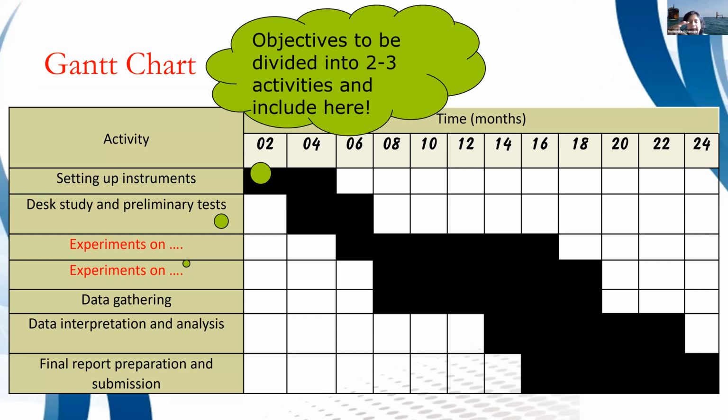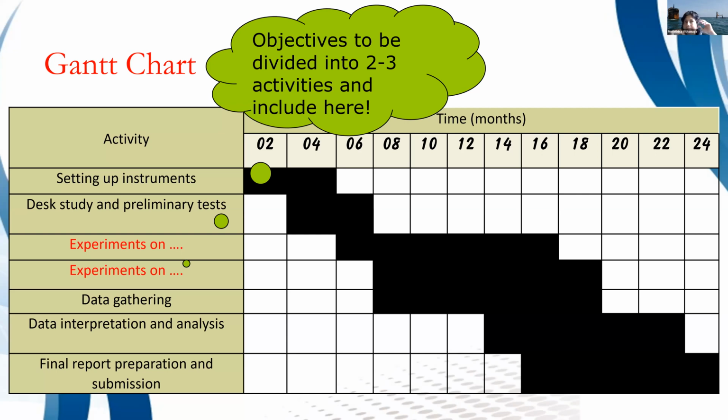So I have given you a model. The leftmost column has activities. These activities should be in line with the objectives, right?